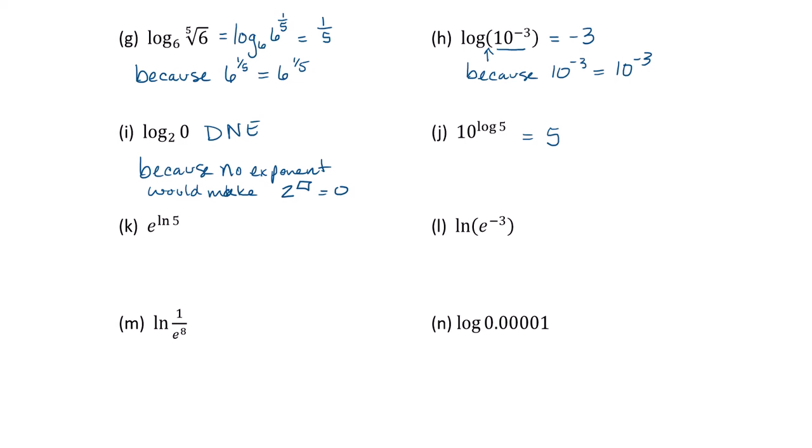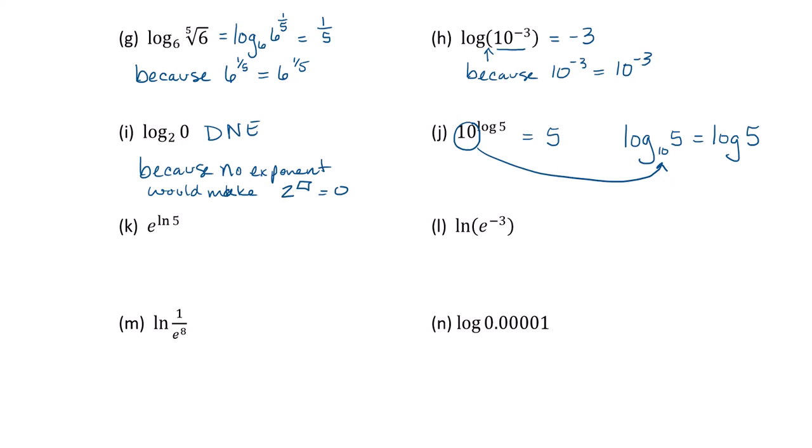We could use our properties of logarithms to be able to show this. So here, if I had a log base 10 of 5, that equals the log of 5. In other words, pulling this apart and putting it into log form, the base 10 goes here.